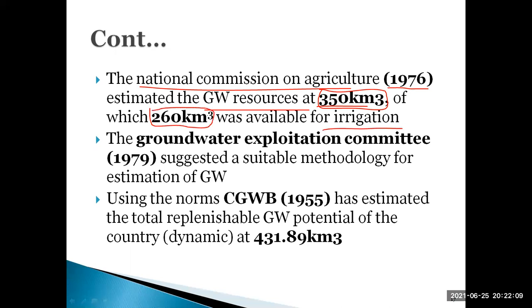The Groundwater Exploitation Committee in 1979 suggested a suitable methodology for estimation of groundwater resources. Using the norms of the Central Groundwater Board, they estimated the groundwater potential of India to be 431.89 kilometer cube.